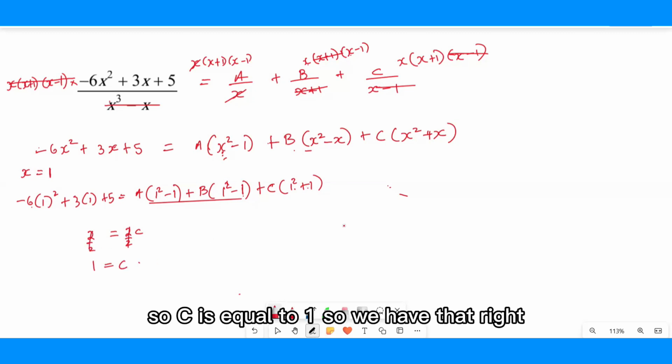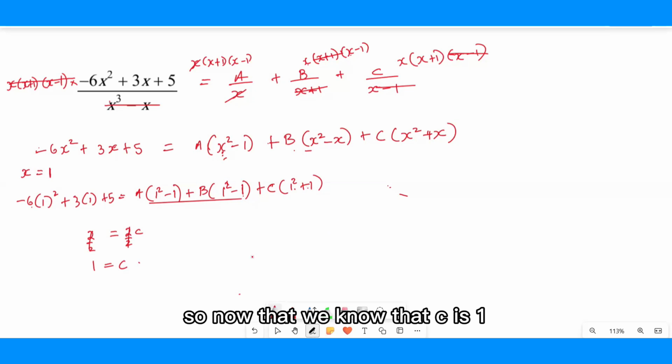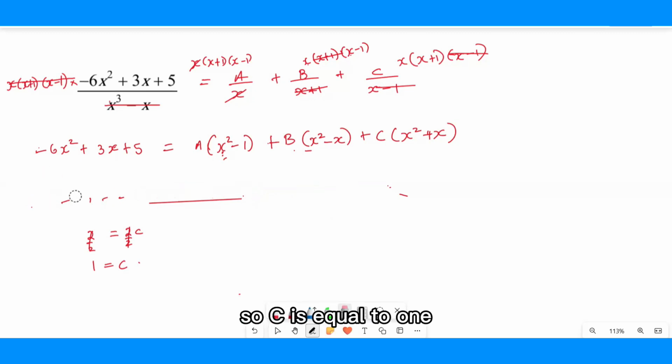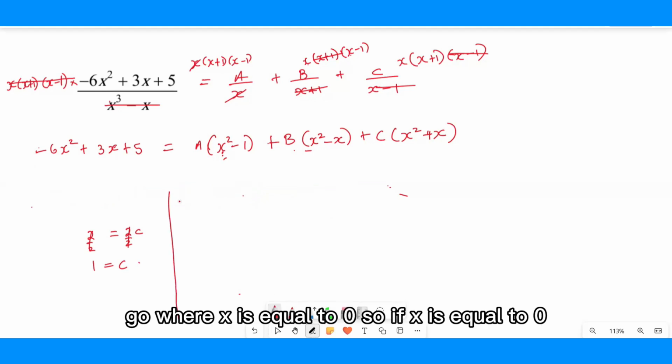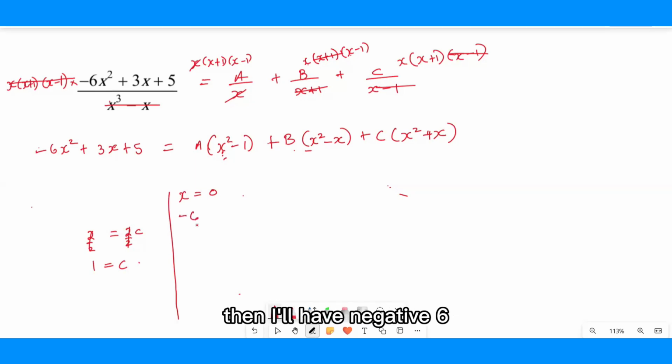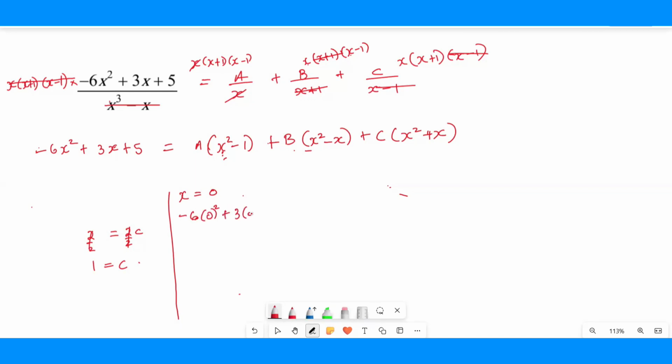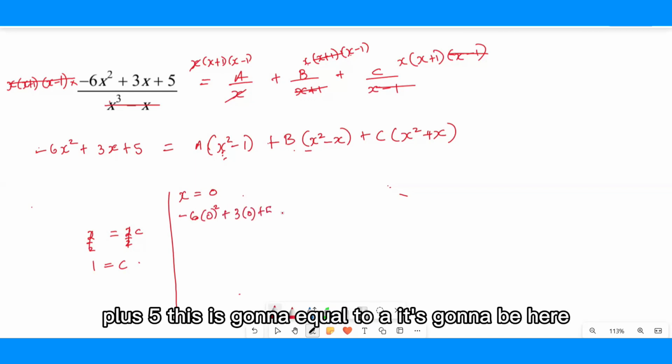So we have that, right? Now that we know that c is 1, we can proceed into doing more. So let us now go where x is equal to 0. If x is equal to 0, then I'll have negative 6 times 0 squared, remember, x is equal to 0 now, plus 3 times 0, plus 5.